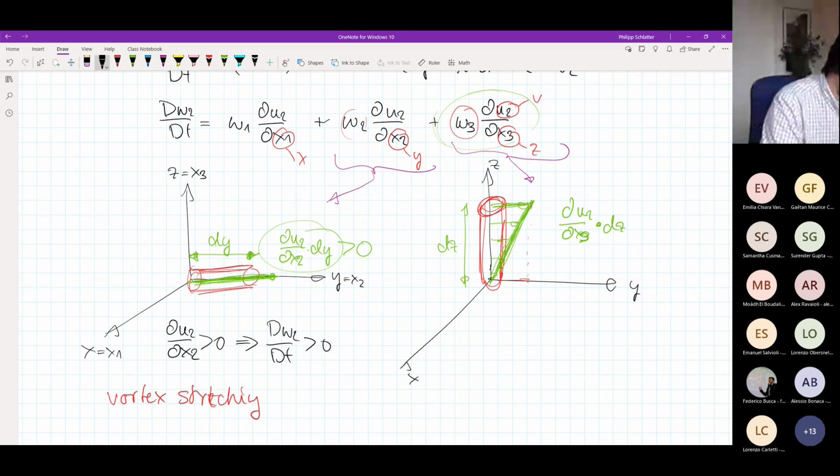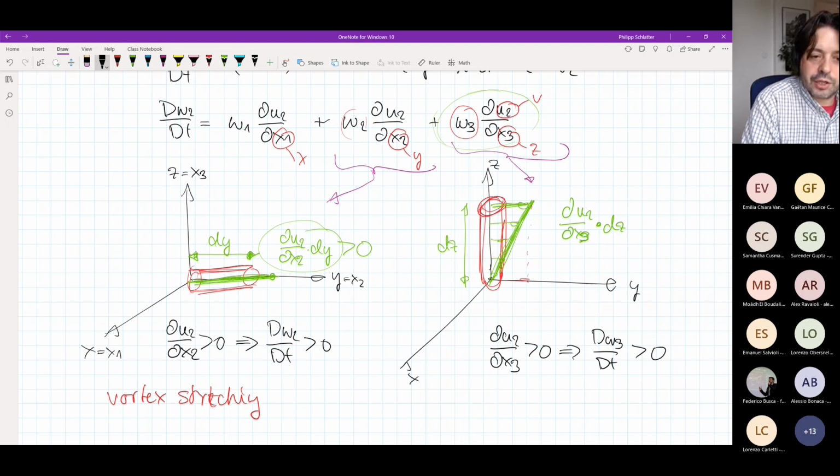So this would be possible if du2 dx3 is larger than 0. If we have this gradient, then I would get d omega 3 dt being larger than 0. And as I was saying, this essentially corresponds to the fact that I'm tilting a vortex.